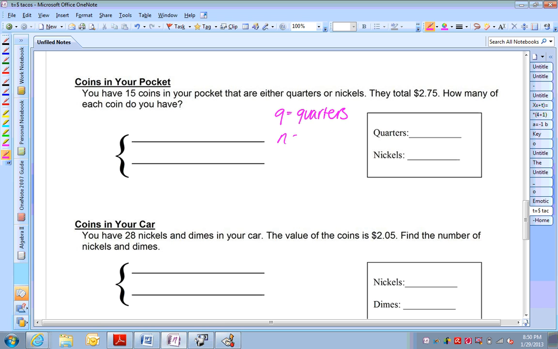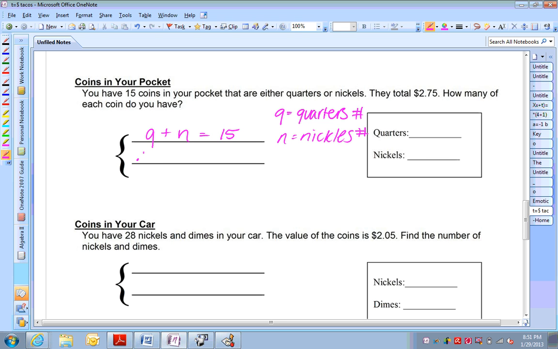And I'm going to label N as my number of nickels. Okay, so we have the number of quarters plus the number of nickels has to equal 15.